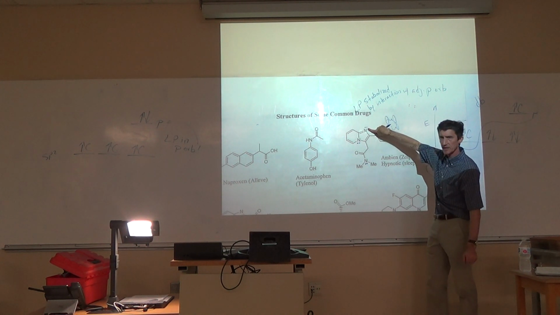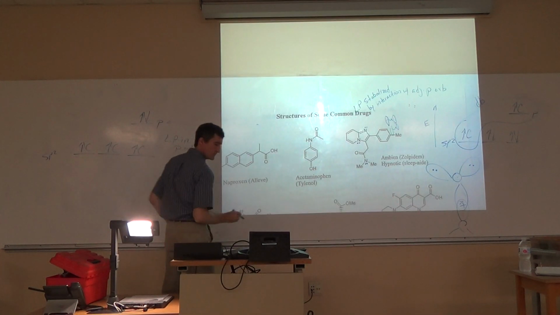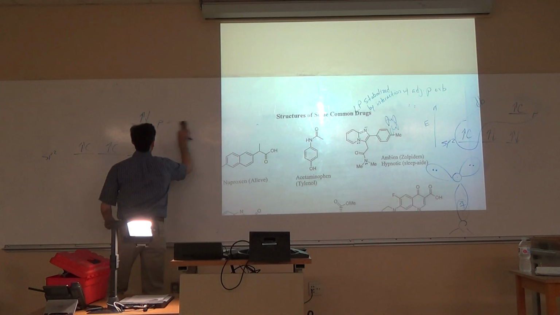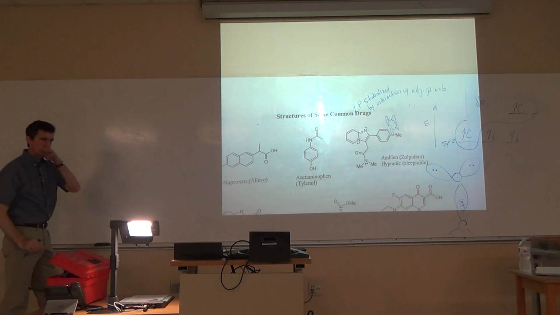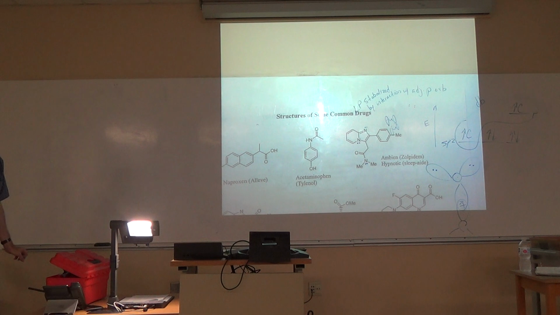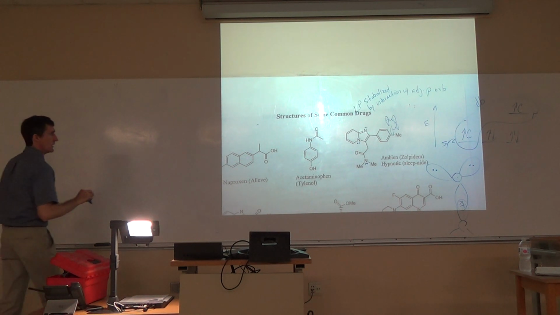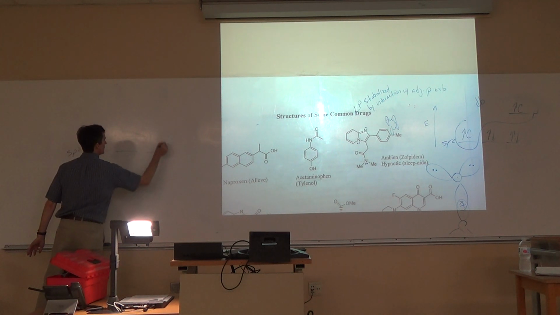Graph the hybridization of the top nitrogen. How many regions around it? 3. What hybridization do you expect? sp2. It is sp2. Any questions? You're thinking, why is it not? It is sp2. We're doing the top nitrogen, sp2. Boom, boom, boom. P orbital left over.